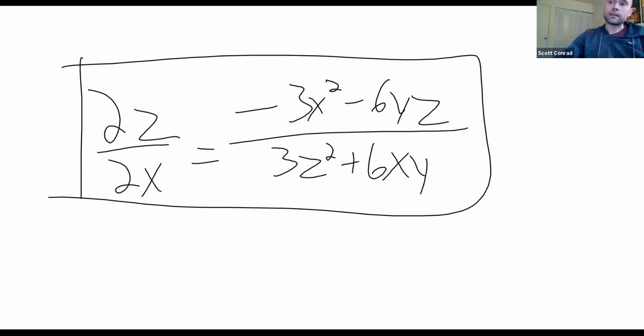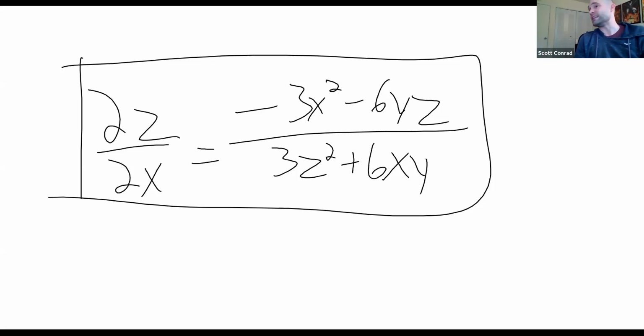But wherever you see z, z becomes dz dx, and anything involving z, like z cubed, you have to use the chain rule. So you do all that, take the partial with respect to x of both sides, get dz dx by itself, and then solve for that. And that's how you do implicit differentiation.